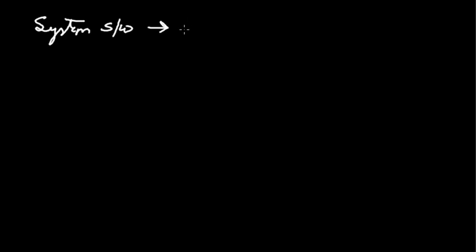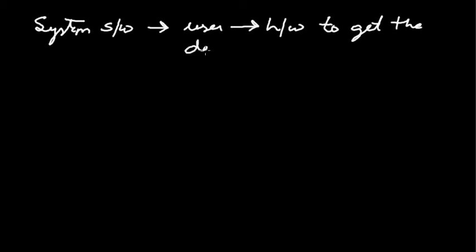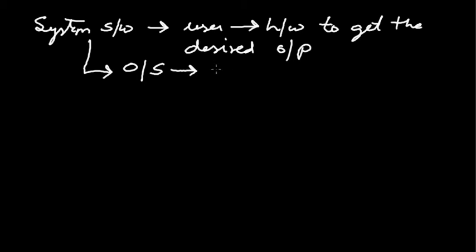So basically the user can interact with the hardware. Why do we interact? To get the desired output. System software comes in the form of an operating system, which is the core essential thing of a computer.